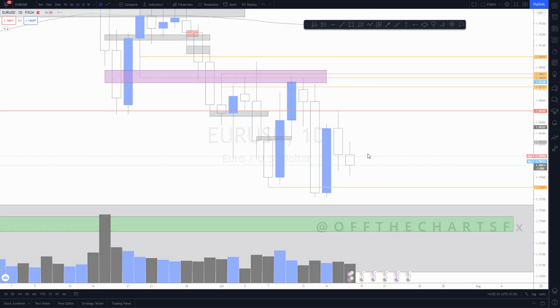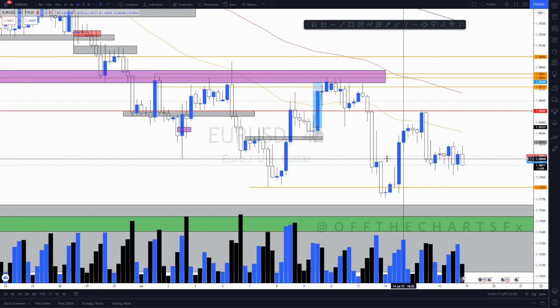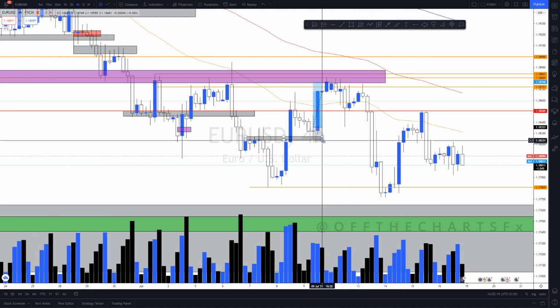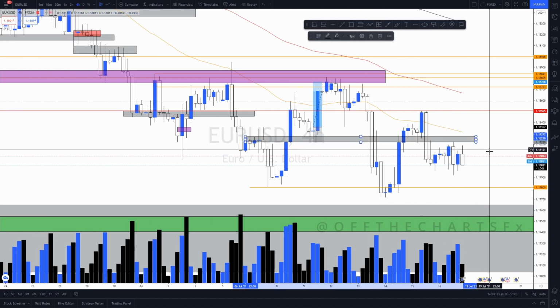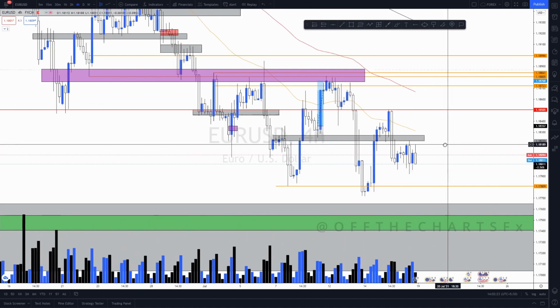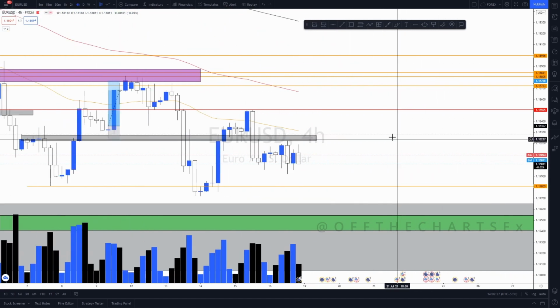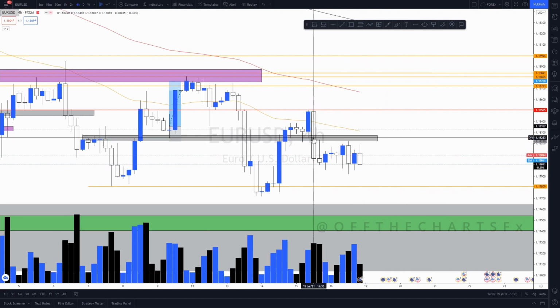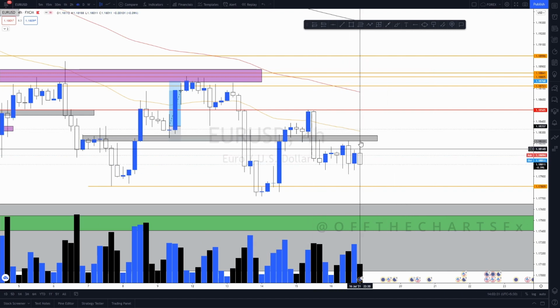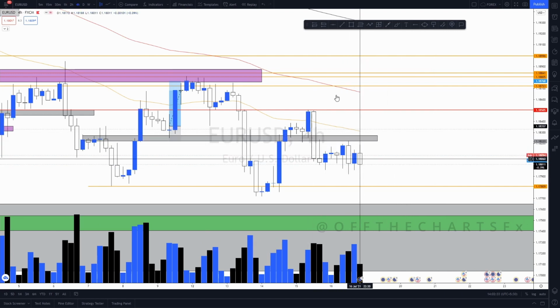All right, so let's just move to the 4 hour time frame. Let me just extend this level. Clearly what we can see right now is price made a retest, then started to push to the downside.